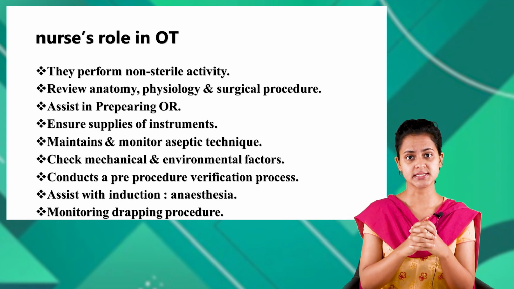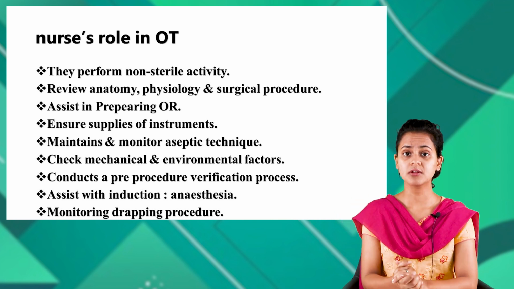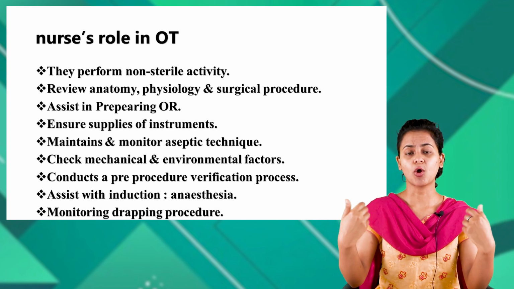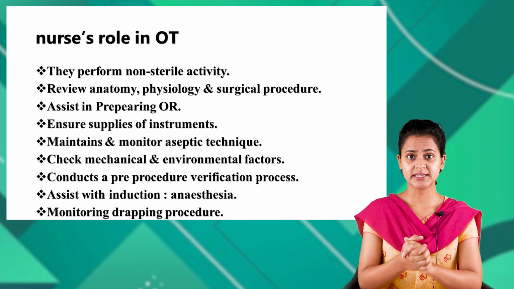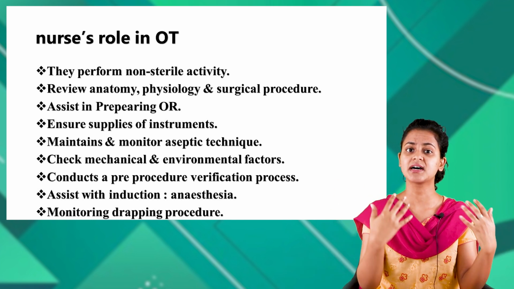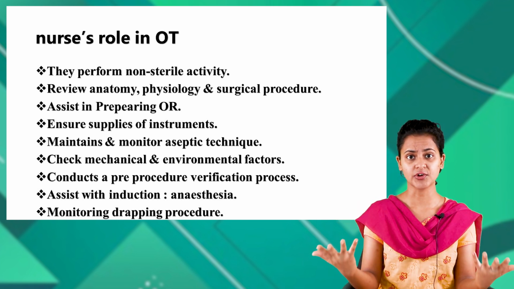Non-sterile activity involves the supply of any needed or necessary equipment during the surgical technique. They also have the responsibility to communicate with the surgical team as well as the patient caregiver and all other necessary non-sterile activities.